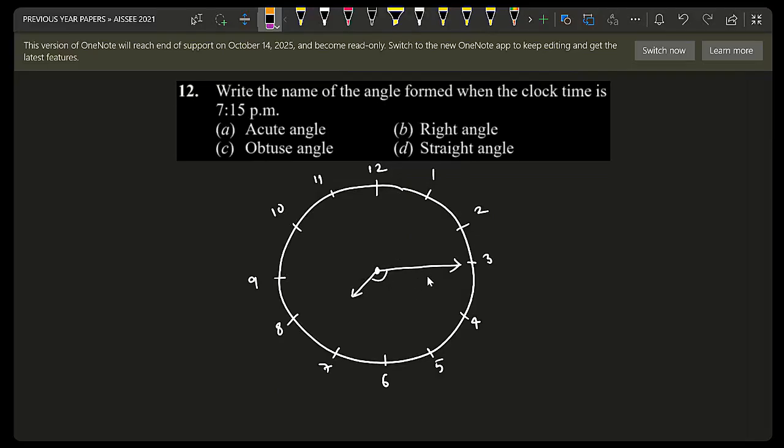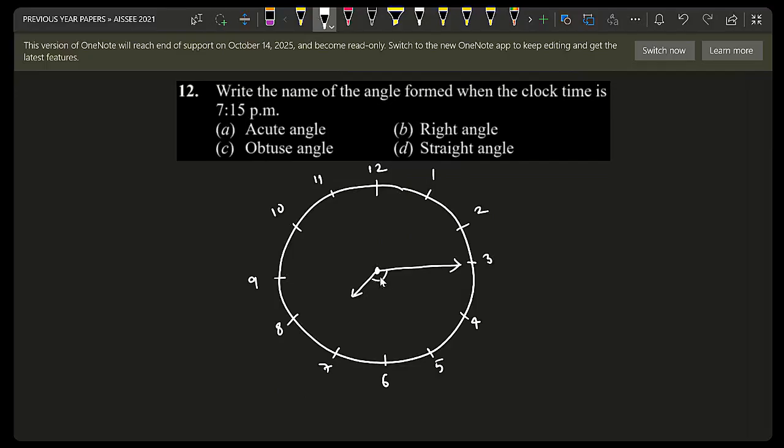So they're asking about the smaller one, which type it is. Types of angles we discussed. Exactly a right angle is L shape, 90 degrees. Between 0 and 90 we call it an acute angle, and between a right angle and a straight angle, that means more than a right angle but less than a straight angle, that is called an obtuse angle.